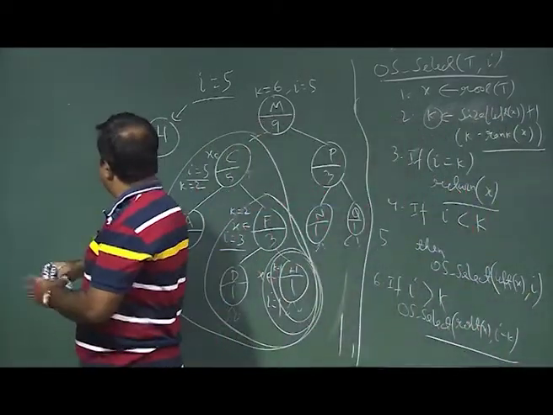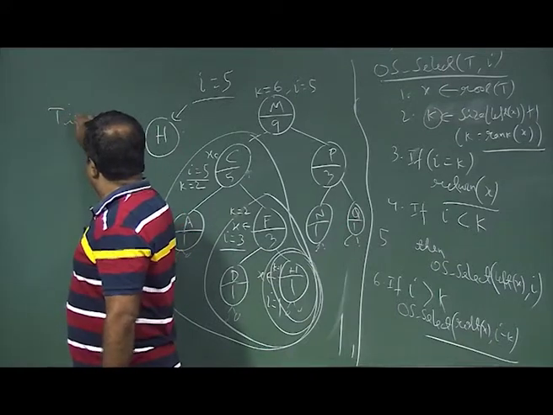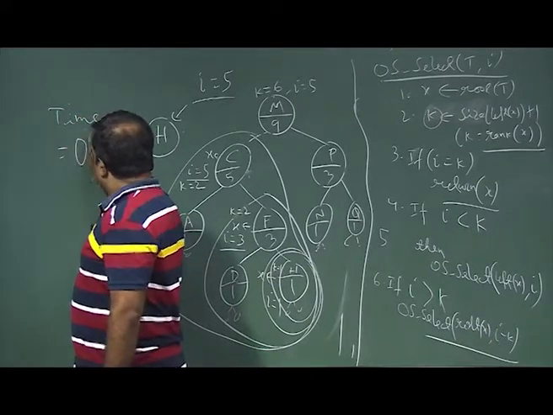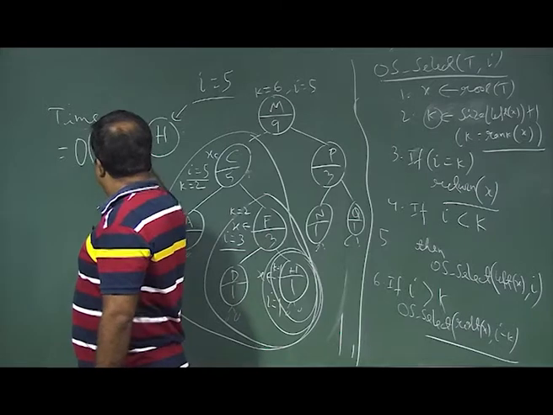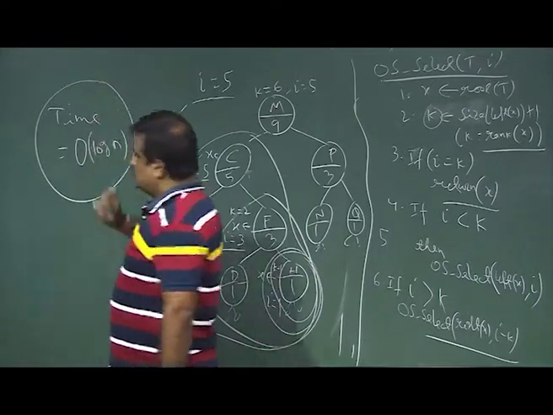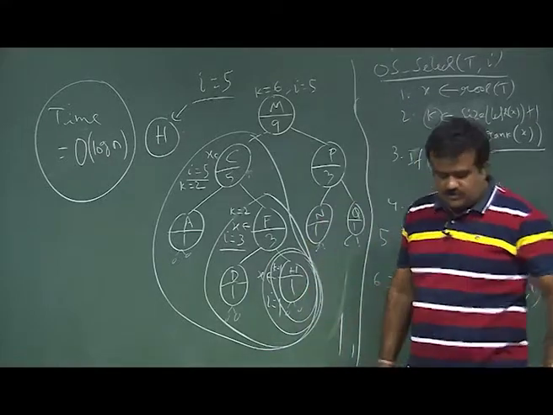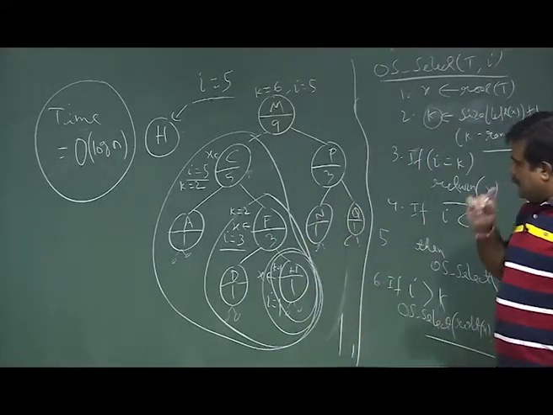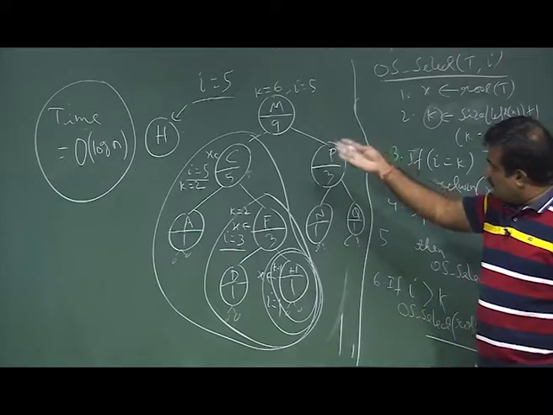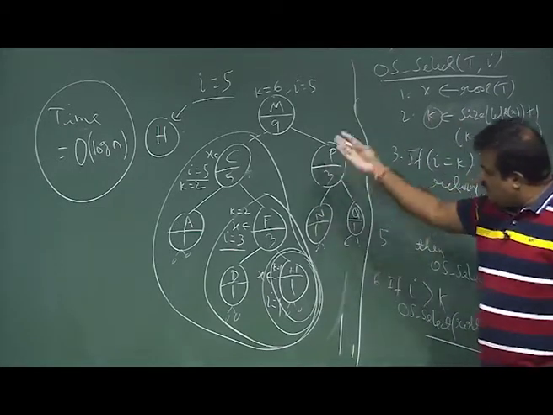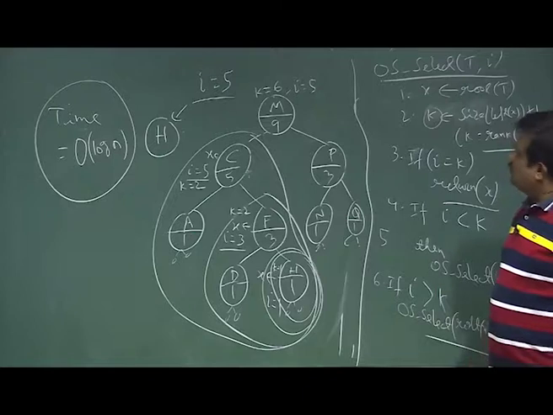This is a balanced tree, so the time for OS select is log n. That is the advantage of having a balanced tree. The height is h, and we go at most the height in comparisons.